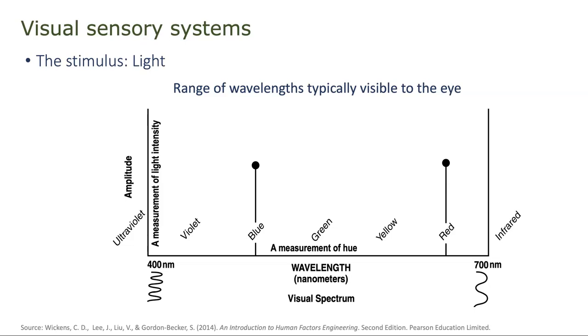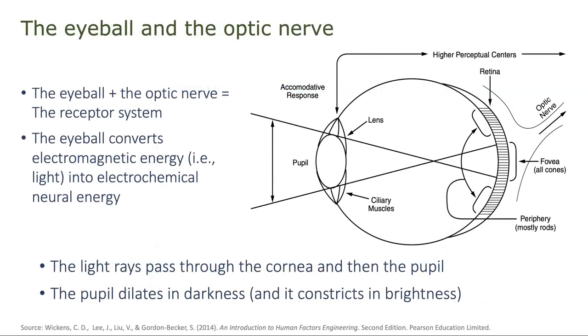And we know much about light, of course, compared to the past. So there is wavelength and amplitude that specify colors, and we also know about the eyeball and the optic nerve itself, which is basically a receptor system. This is again the cross-section of the eye, and the light rays pass through the cornea, and then they pass through the pupil.